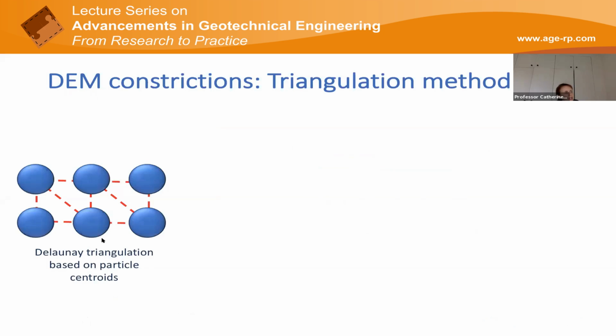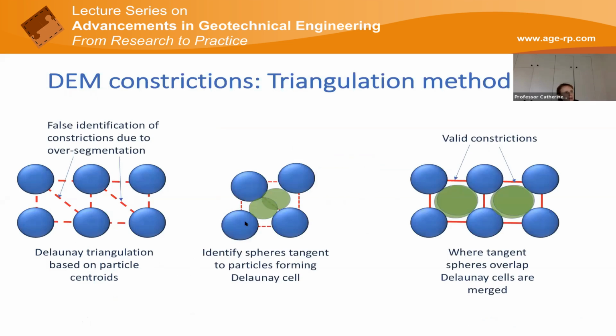If you just were to use those tetrahedra that are generated by applying the Delaunay triangulation, you would get an over-segmentation of the void space. So we have an approach to identify when two tetrahedra should be merged to form a single void.